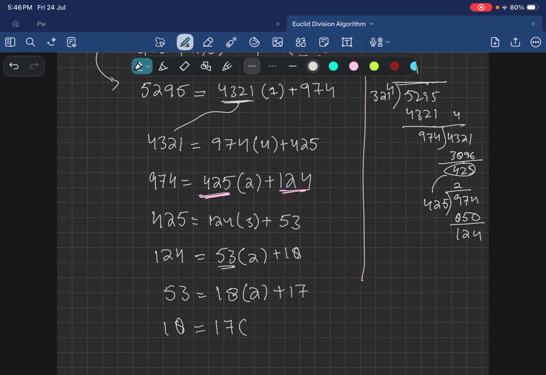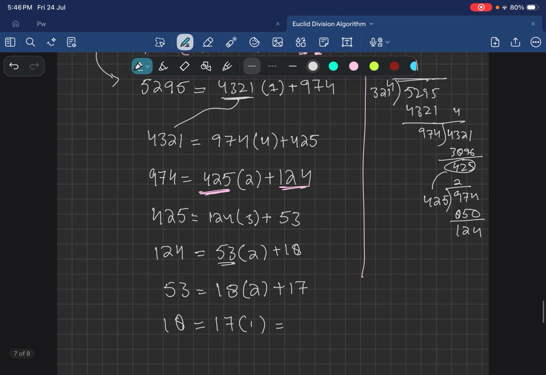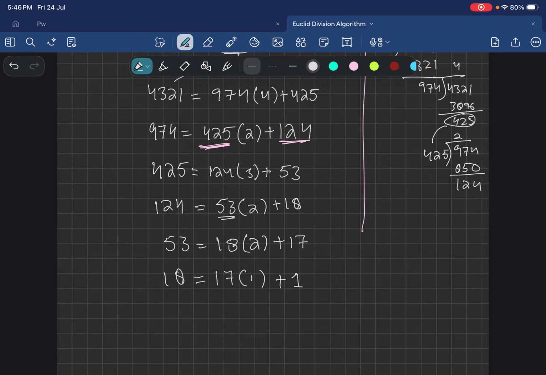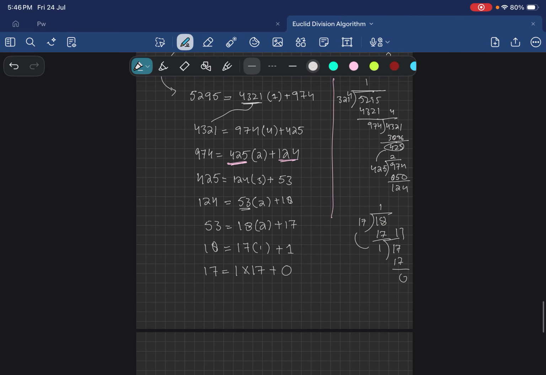Then the previous divisor becomes the number, and 17 into 1 is 17, and then you get a remainder of 1. Then the previous divisor becomes the number, and 1 into 17 leaves 0.